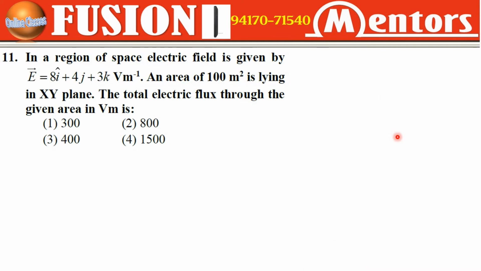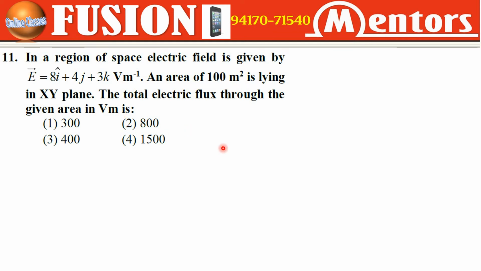Next question. In a region of space, the electric field is given by 8i cap, 4j cap, 3k cap, and an area of 100 meters square is lying in the xy plane. The total electric flux through the given area in volt meter is.